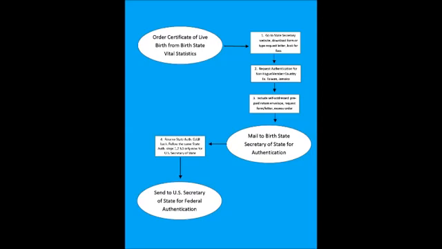Here's a brief flow chart for you on how to authenticate your certificate of live birth. So you can go ahead and take a look at that. Of course, rewind it, pause it. This will give you a good overview.